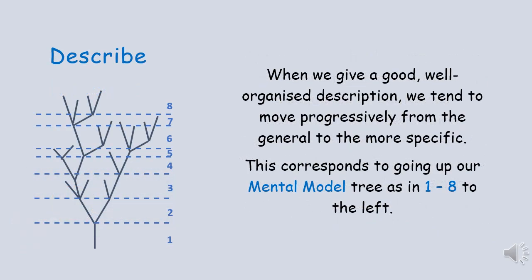When we give a good, well-organized description of something, we tend to move progressively from the general to the more specific. This corresponds to going up our mental model tree as in figures 1 to 8 shown to the left.